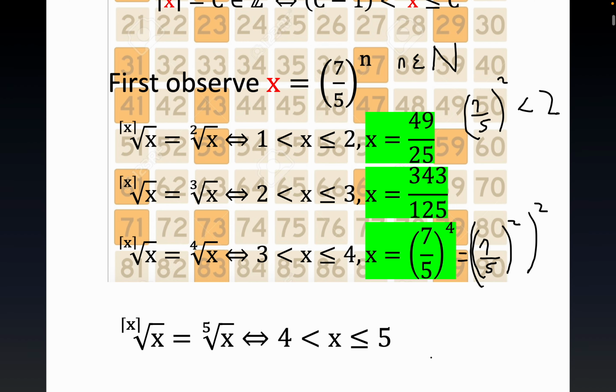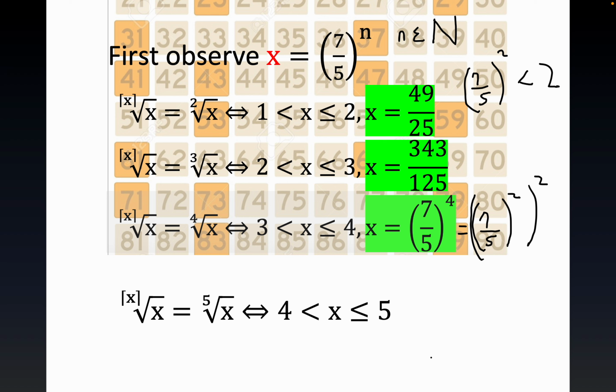Now, I didn't work this out completely, but it's easy to note that 7/5 to the 5th power is greater than 5. Again, it's slightly tedious, but we already know that 7/5 squared is a number very close to 4.